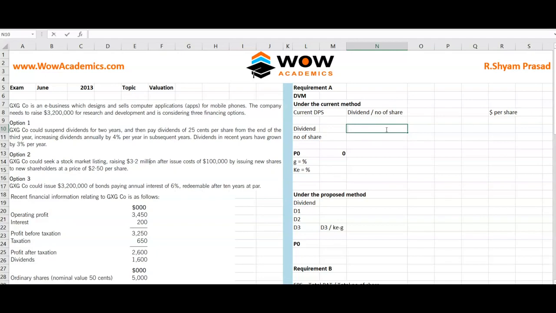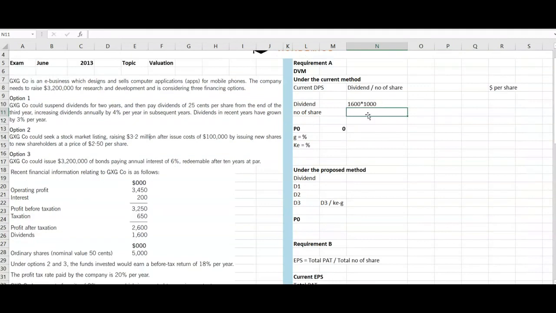So it is 1600 multiplied by, it's referred in thousands, so we'll take that number also. The number of shares is 5000 in amount, expressed in thousands. Each share is worth 0.5, so this will give us the number of shares.